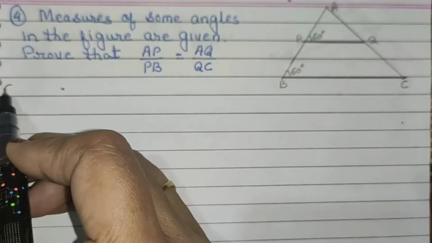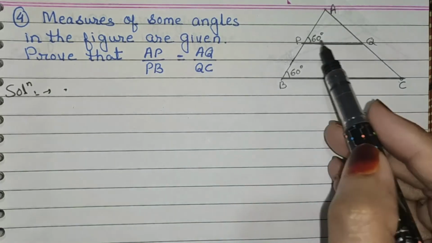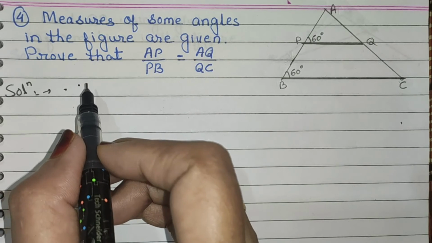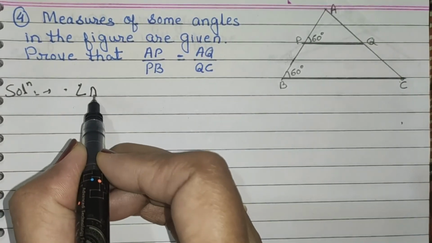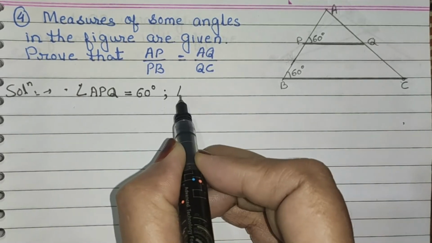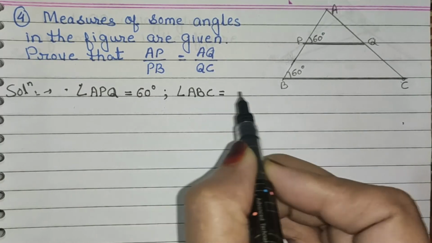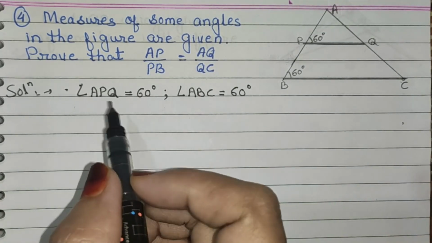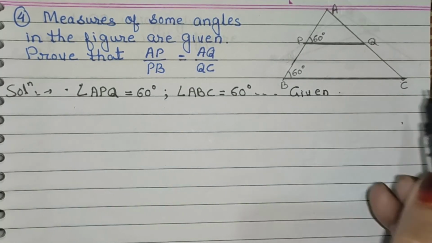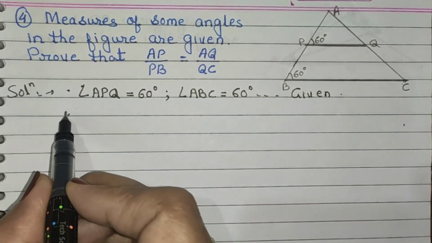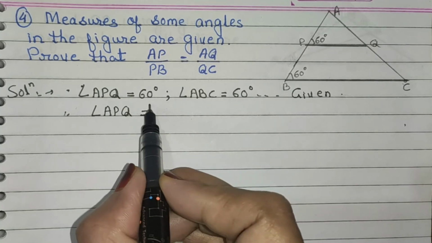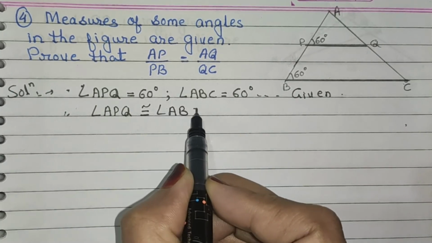Now look at the diagram carefully. Both the angles are given here. Therefore, angle APQ is equal to 60 and angle ABC is also equal to 60. Both angles are equal, it is given. Therefore angle APQ is congruent to angle ABC.